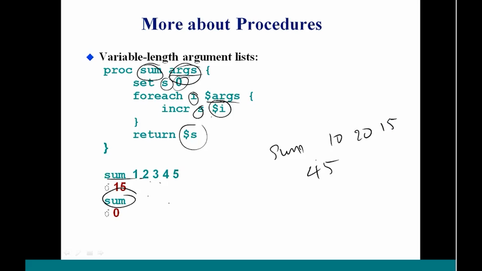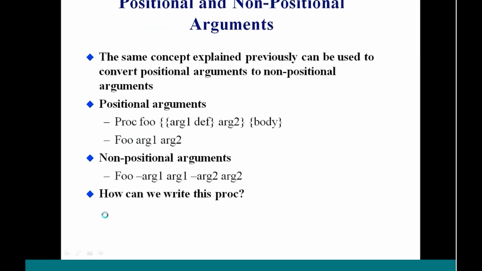And if you just say sum without any arguments, then it returns 0 itself, and that's why we get a 0 here. Using a variable length like this is very useful because we can extend this concept to many other things. So let's see one way to extend this concept.